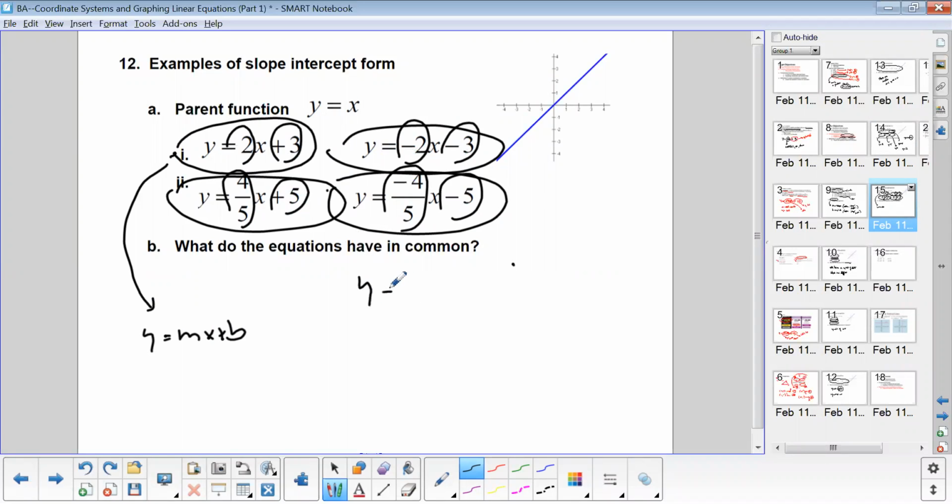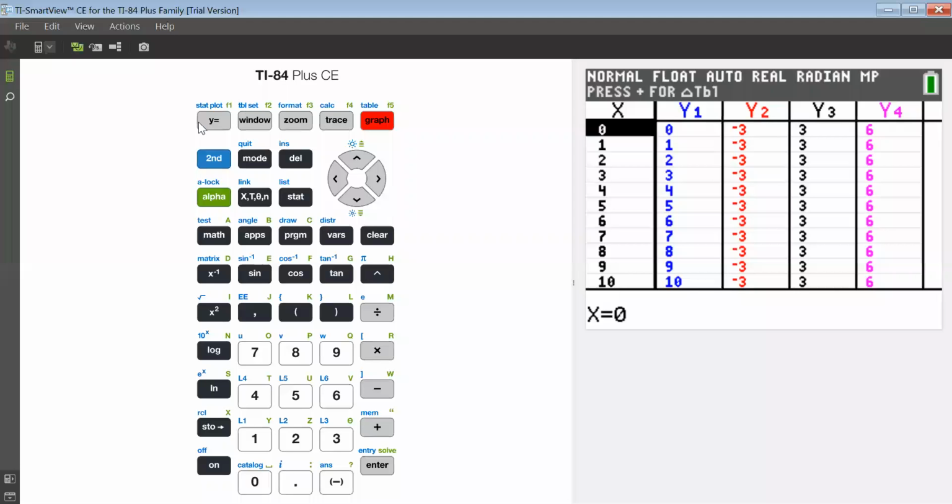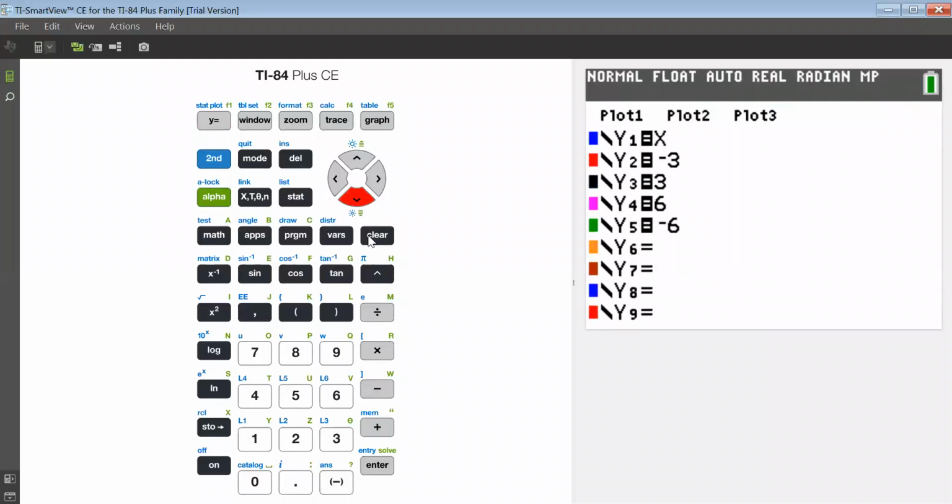So we'll start with the first one, y equals 2x plus 3, and we'll go to the calculator and clear these out. And we'll say y equals 2x plus 3.